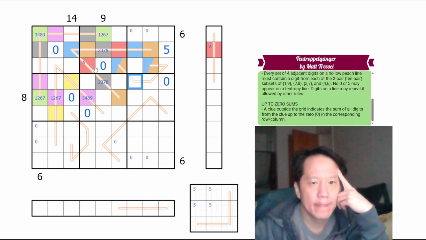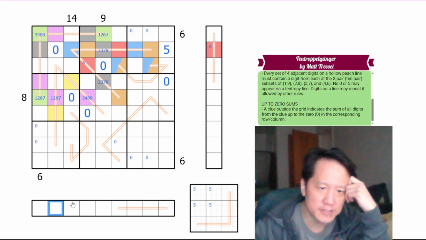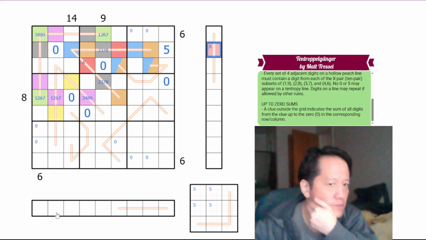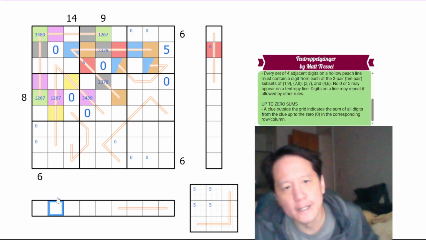Huh. I think we don't have necessarily the same thing here because we don't have a guaranteed entropy there. So you could be missing a 5 here. Hmm.